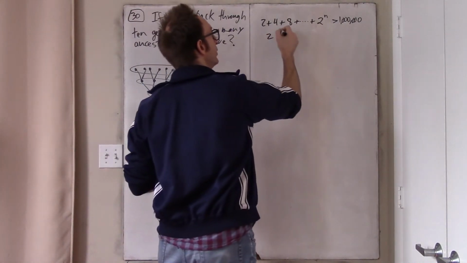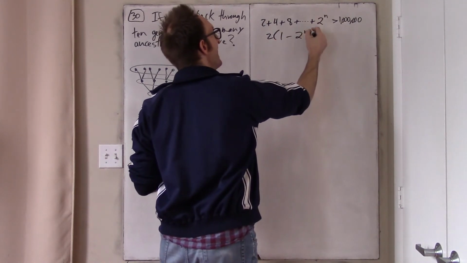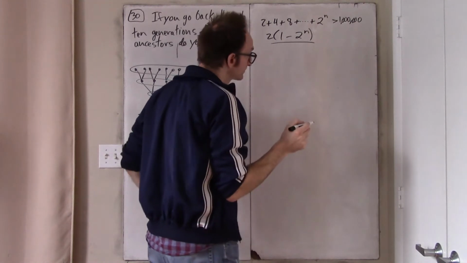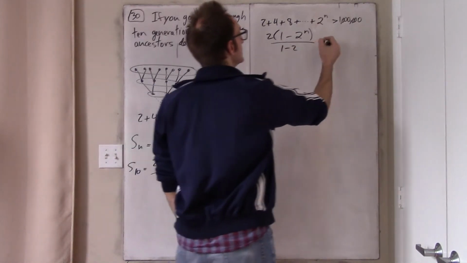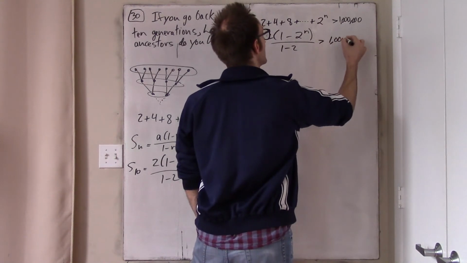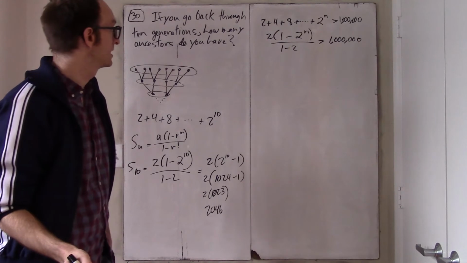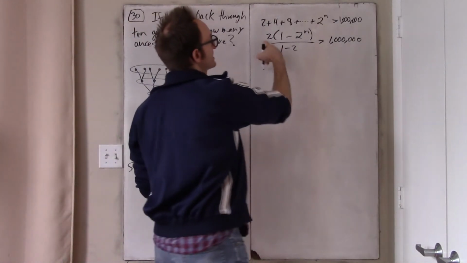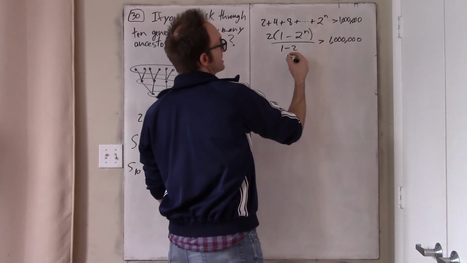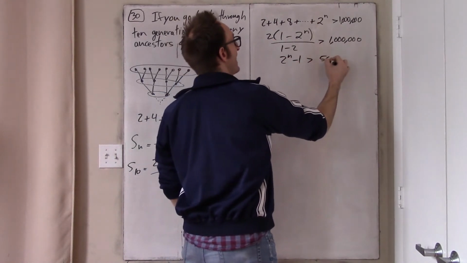It's 2 times 1 minus 2 to the n over 1 minus 2. So when is that bigger than a million? Chop, chop. Let's divide by 2. That's like saying 2 to the n minus 1 has to be bigger than 500,000.